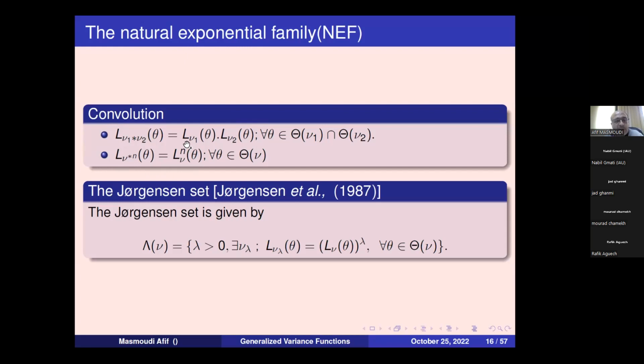So the Jorgensen set is given by the set of lambda such that L nu theta to the power lambda is a Laplace transform of some measure nu lambda. It's clear that the Jorgensen set contains the integer set.